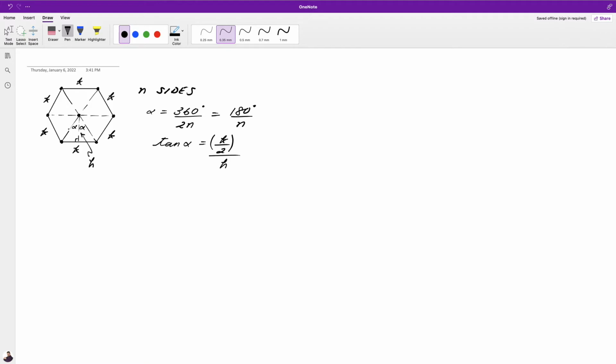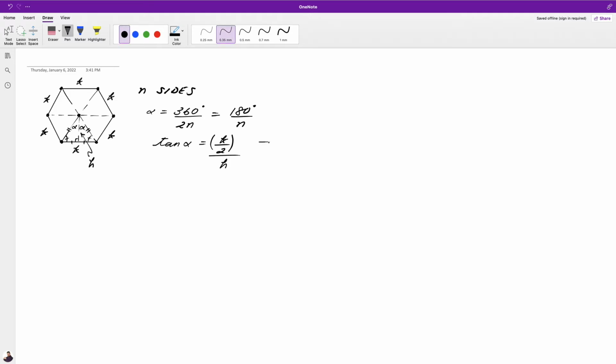Since this is, after all, an isosceles triangle, we know that these base angles here are congruent. Therefore, we know this altitude is the same as the angle bisector, same as the median, same thing as the perpendicular bisector of this side. So these will be congruent there. So the tangent of alpha is 1/2 of k over h.